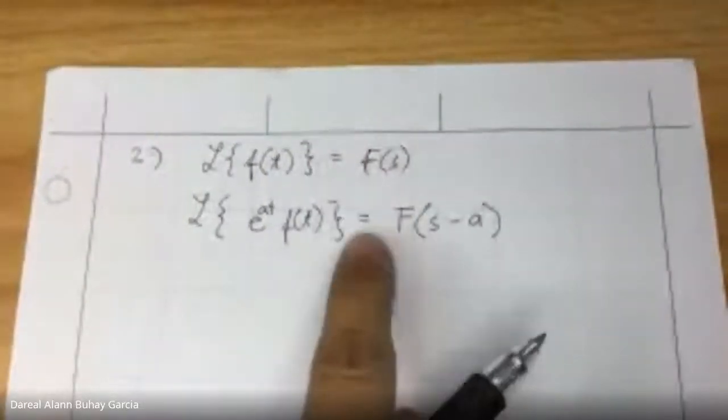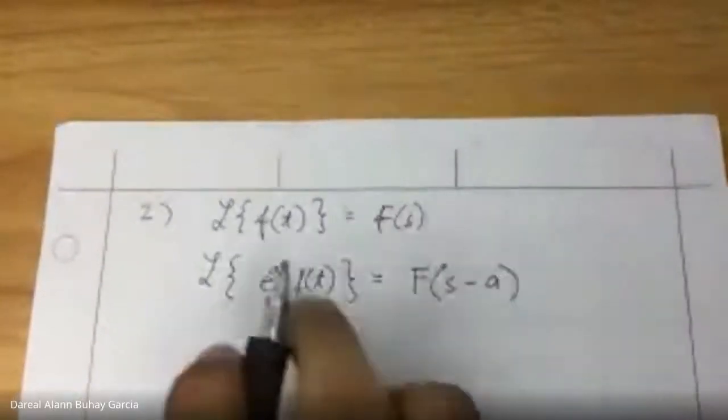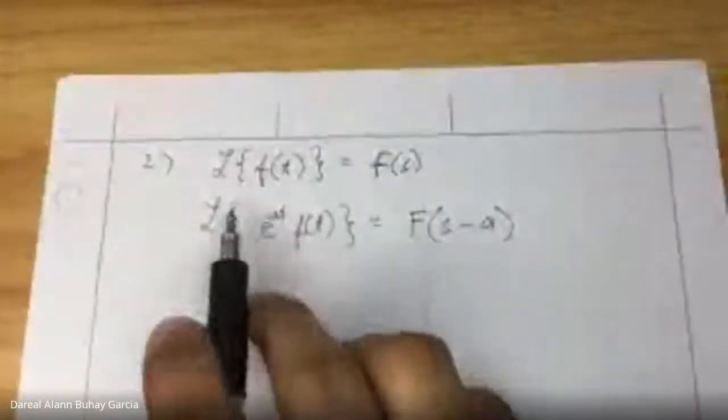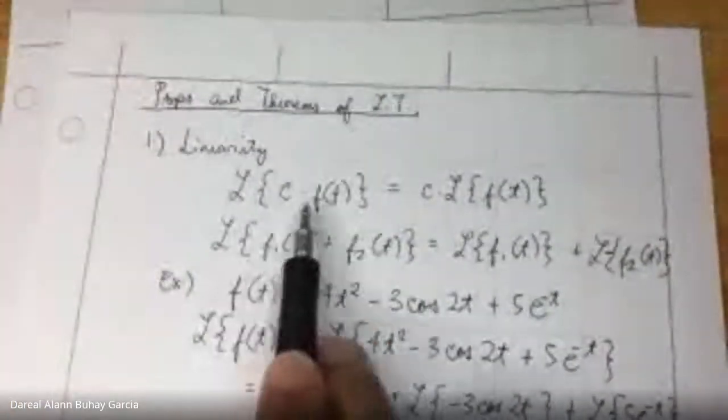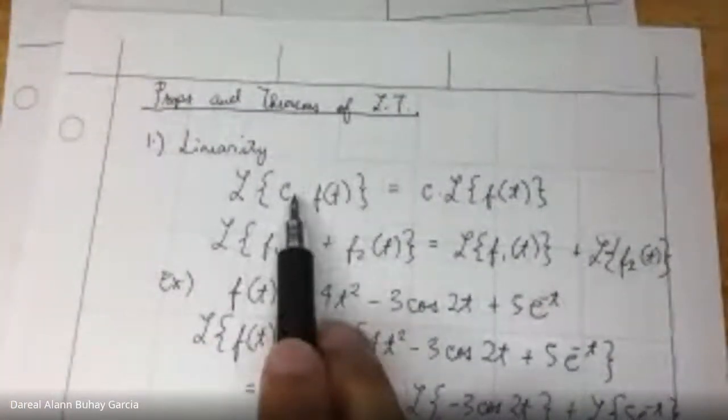Try to observe lang sa. Okay? The constant can just be taken out, like earlier. If our function is multiplied by a constant, the constant can just be taken out.